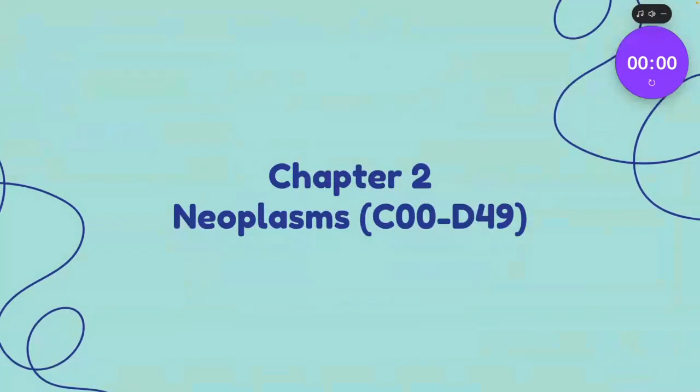Oh, so now we're on to neoplasms. I think the neoplasms can be pretty challenging from a guideline perspective, but some of them are also pretty straightforward. So let's get started.